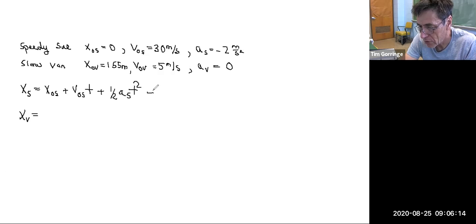And all those initial positions, initial velocities, accelerations refer to Speedy Sue. I can just put in the numbers. The initial position of Speedy Sue is 0.